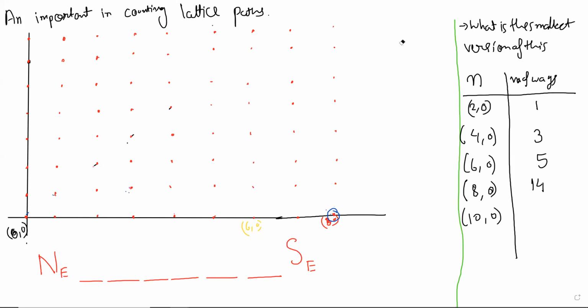Do the case for 10,0. Try to divide the problem in different ways and do it. Again, we know this. From 0,0 to 10,0, you want to go by the moves you already know, northeast and southeast, but you do not want to cross the x-axis.